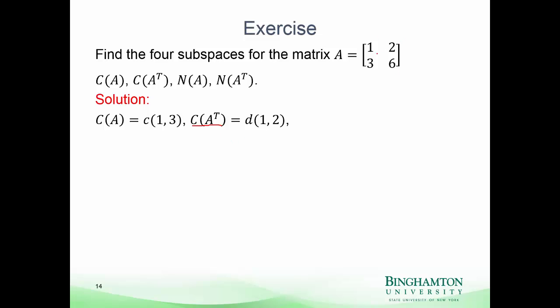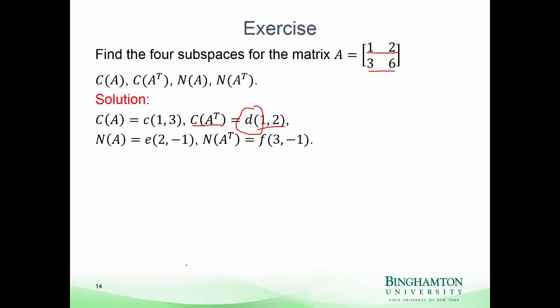And again, if we look at this row versus this row, we can see the second row is a multiple of the first one, so we can just take the first one as our basis vector, and so all the elements in the row space are just some multiple times that 1, 2 vector.